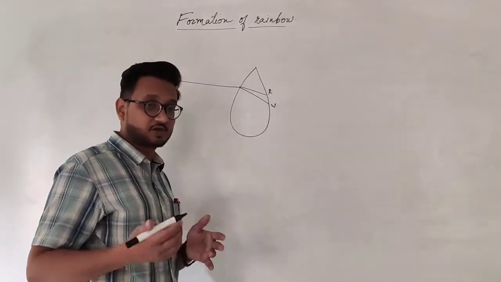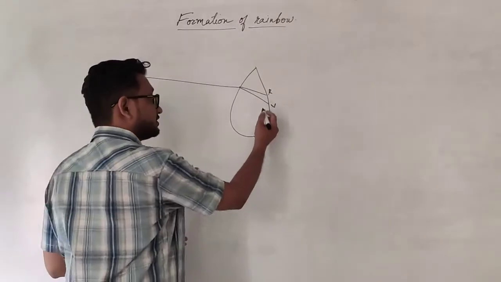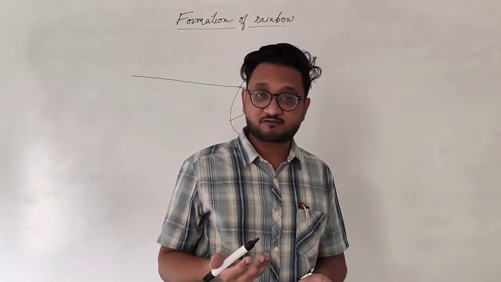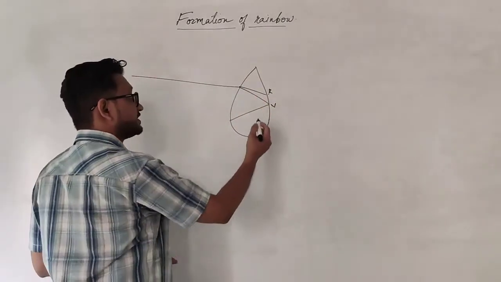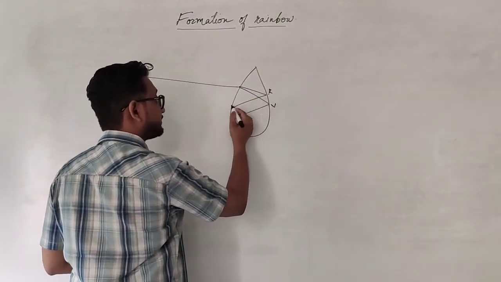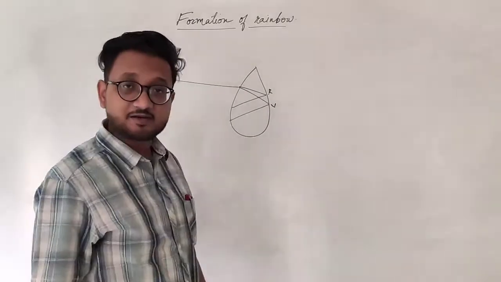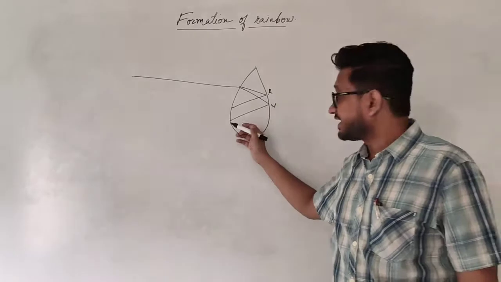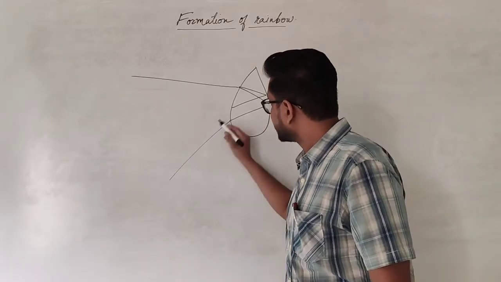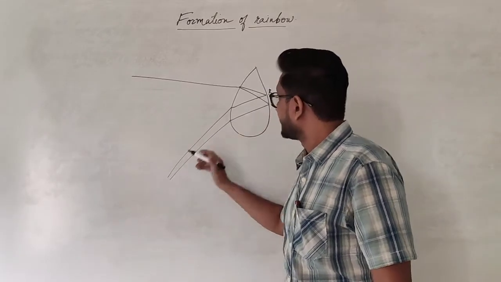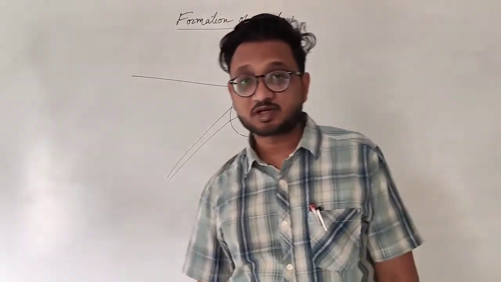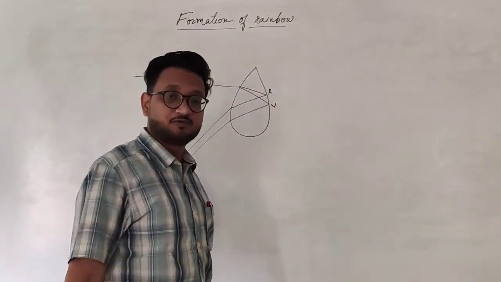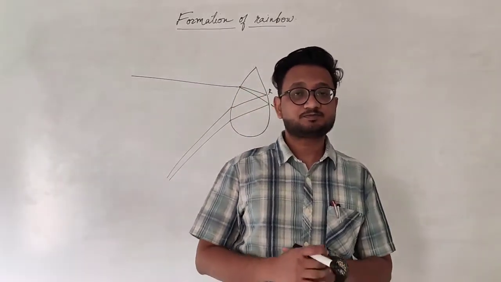It is a natural phenomenon, okay. Just like a normal mirror has a reflection, similarly the rays of light are reflected, and after this reflection, these rays of light emerge from the other side like this. Once again, they emerge and reach the observer, and this is how we see a rainbow, okay.